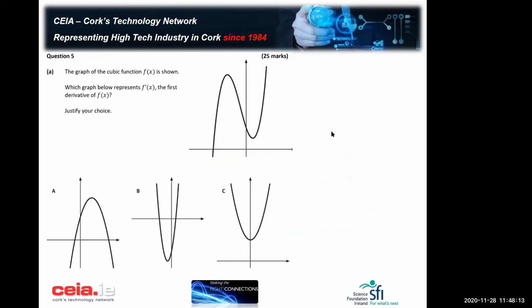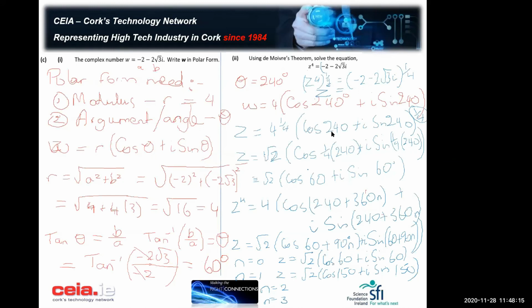Sorry to interrupt, Suzanne. I do have one question in here. It says, so is 4 cos 240 plus 360n plus i sine 240 plus 360n equals minus 2 root 3i. It is, but that's the question at the start. Yeah, it is.